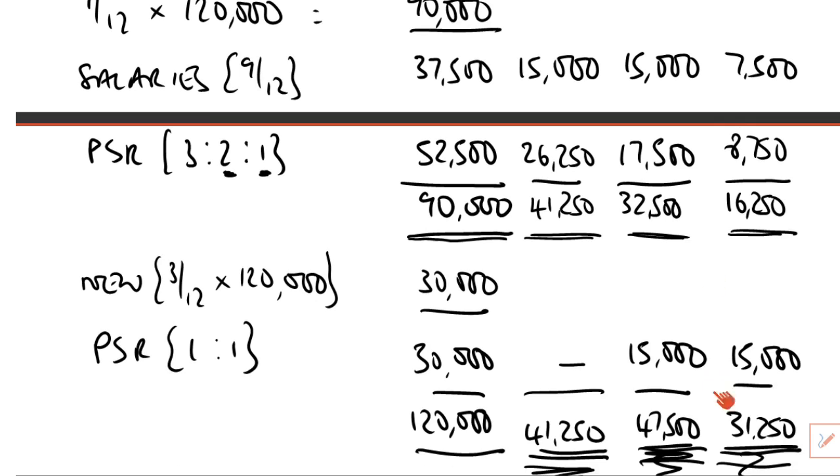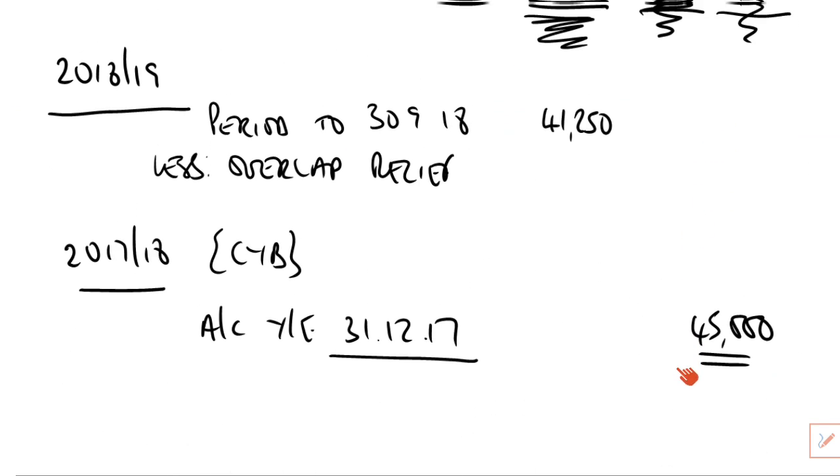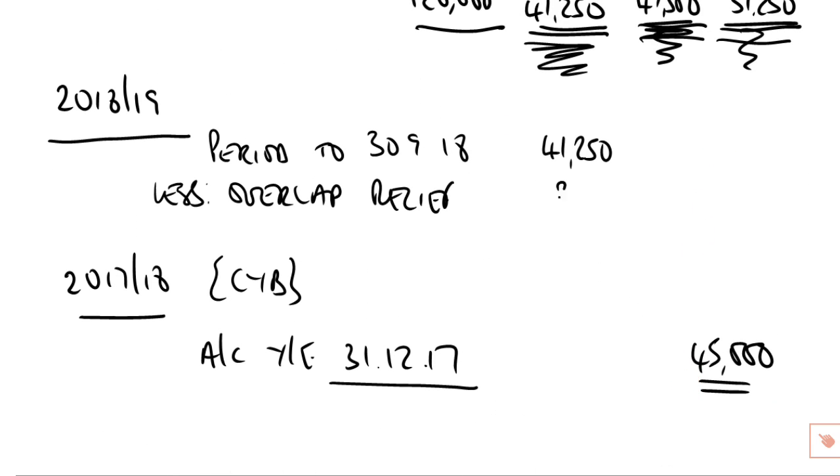Okay, take that away now, as you do in any year of cessation. Overlap relief, 8,000. And we derive what presumably is then 33,250 as the assessment for partner A for the 2018-19 tax year, which, as we've said, is the final tax year so far as partner A is concerned.